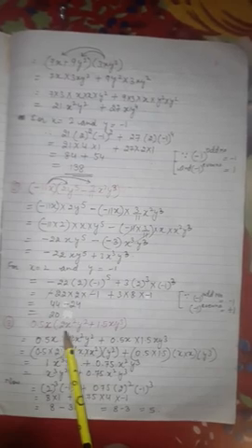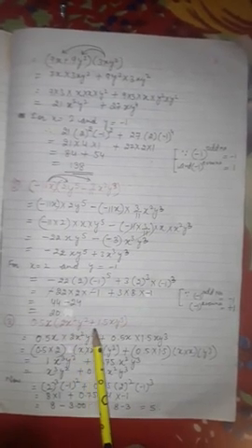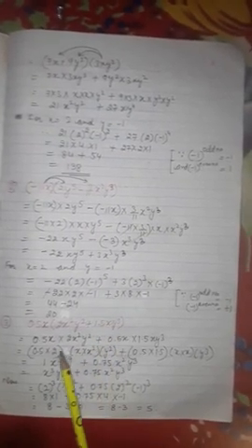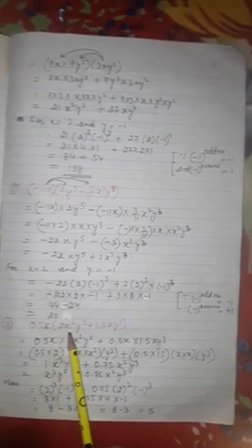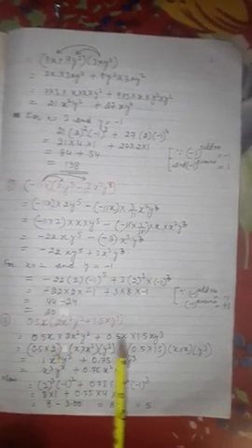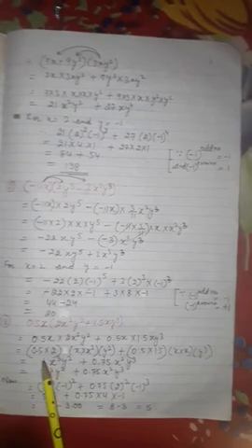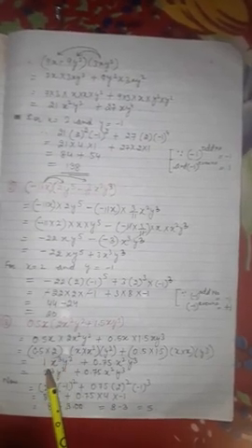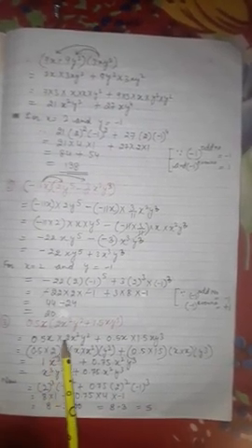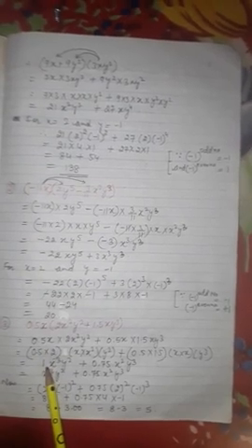The first term of the binomial is 2x square y square plus 1.5xy raised to power 3. So we multiply it by the first term and then by the second term. We will get 0.5 into 2, that are the coefficients, and it is equal to 1.0.